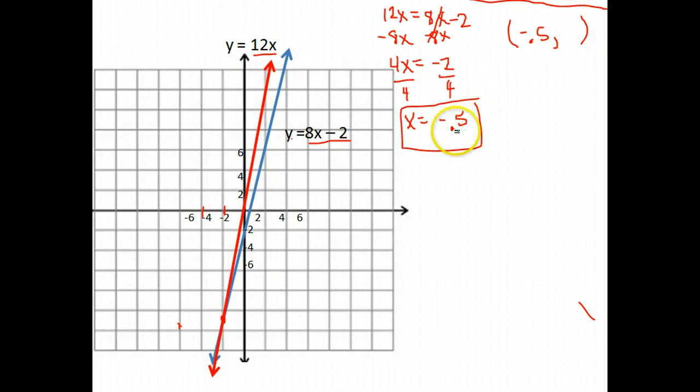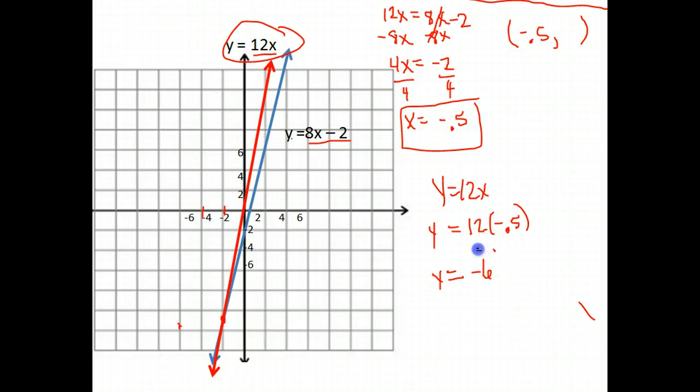Now I need to go back and find the y value. I can do that by plugging that x that I found back into either of these. They will give you the same answer. Say I use this equation here. If y equals 12x, and we know that x is negative 0.5, we put that in there, and we have y equals 12 times negative 0.5. 12 times negative 0.5 is negative 6.